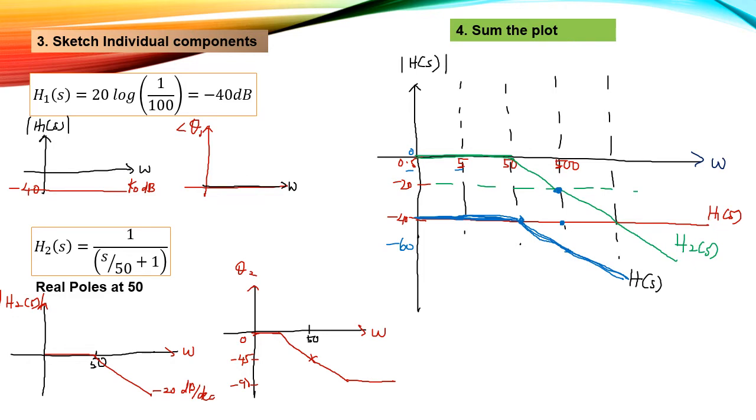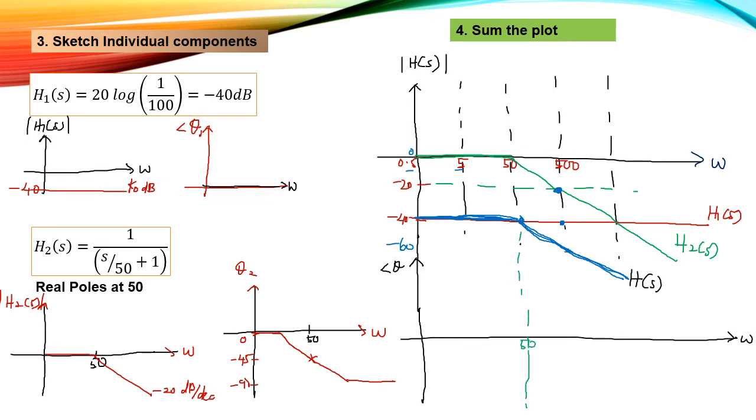So now for the phase plot, here is 0. It's omega, so this is for theta. You have 0 for the constant, and then you have only one line for the pole at 50. Use the same line, it will be much easier.